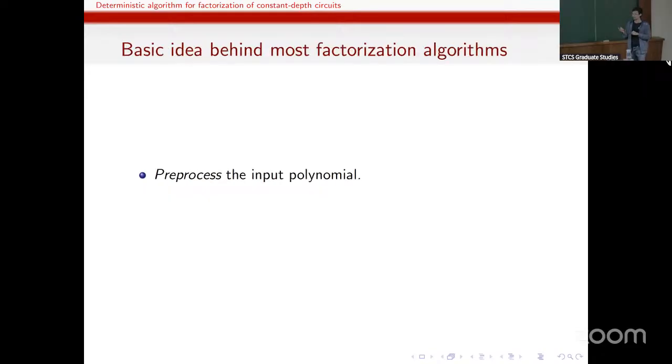Okay, but before we get to that, just a very quick overview of what these factorization algorithms look like. First, you pre-process the input polynomial. So if you remember, Shantanu said that you'd like to make sure that the polynomial is monic, and when you except one variable, if you set all the other variables to 0, then it should be square free.